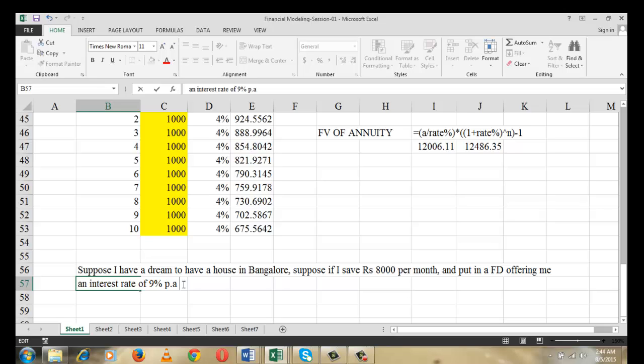I wish to buy a house, and I wish to buy it after 7 years. The dream project is, of right now, not a very overstated figure, maybe around 2 crore.